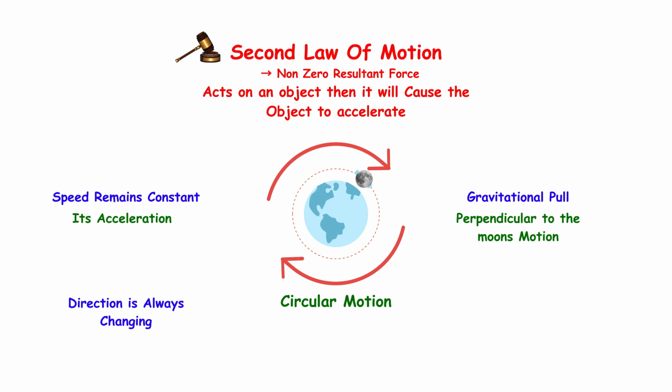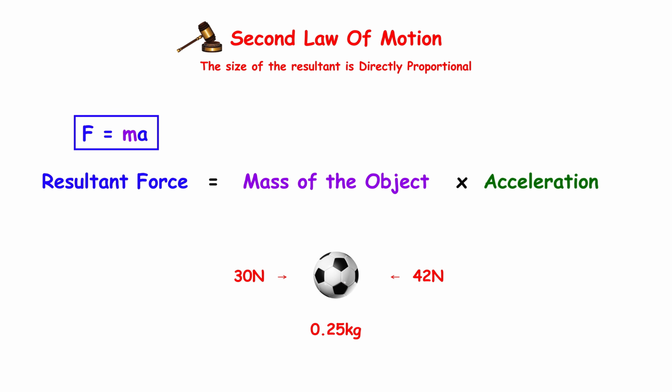Another important detail from Newton's second law is that the size of the resultant force is directly proportional to the acceleration it produces. To put it simply, if you double the force, then the acceleration also doubles, assuming the mass stays the same. This relationship is captured in the well-known equation force equals mass times acceleration. For example, let's revisit our earlier particle, which we now say has a mass of 0.25 kilograms and is being pushed by a force of 30 newtons to the left and 42 newtons to the right.